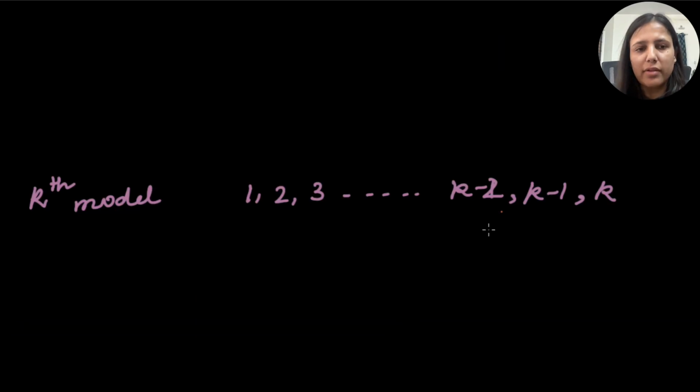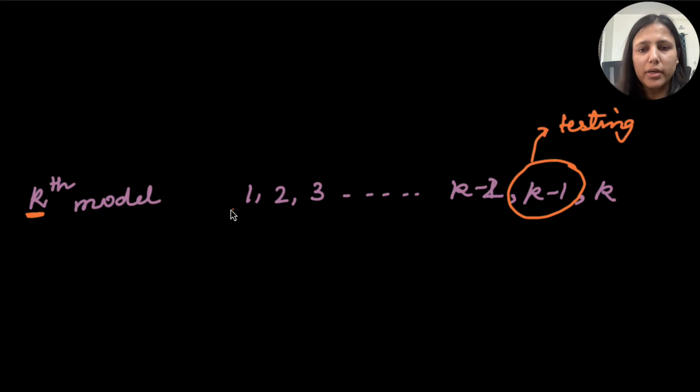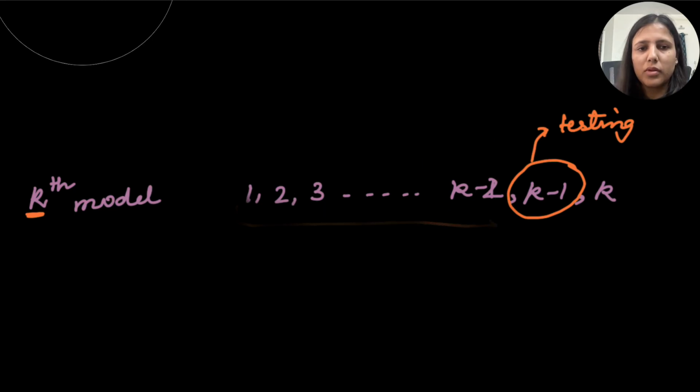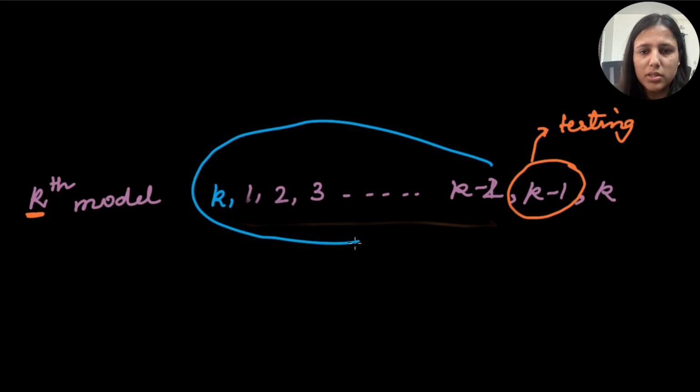So if I am training the Kth model, I will use this fold for testing, and you will use this. Let me do this in a different color so that it's easier for you to understand. Actually, let me add K here. So you will add all these in training.